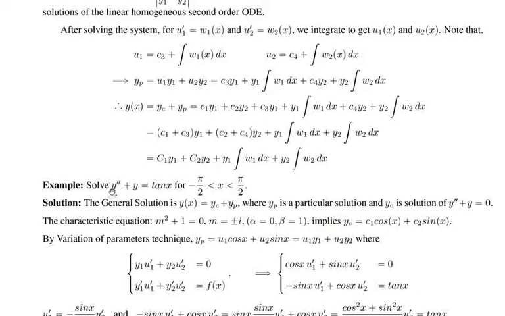In this case f of x is tan x, but in some other cases the ODE might not be in standard form, so make sure to first write it in standard form and then define f of x. Fine, now we need to solve this system.